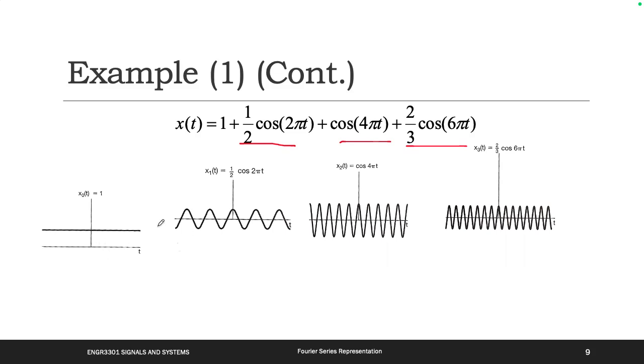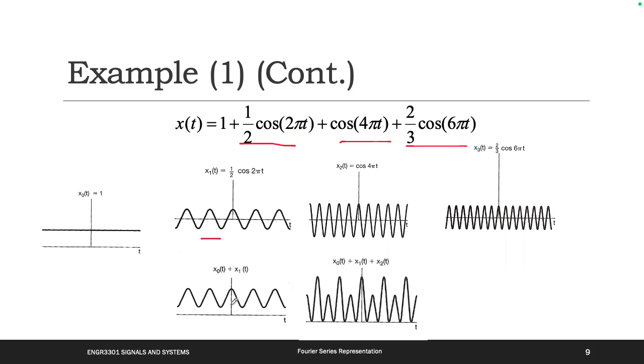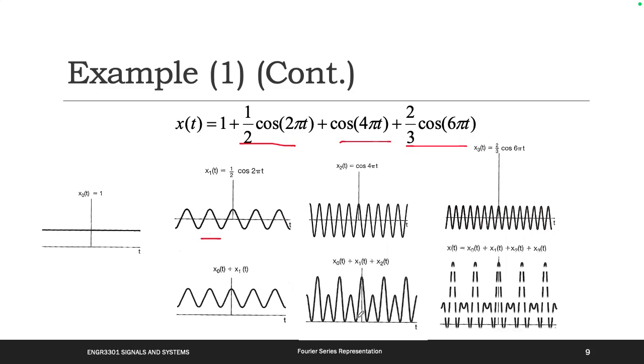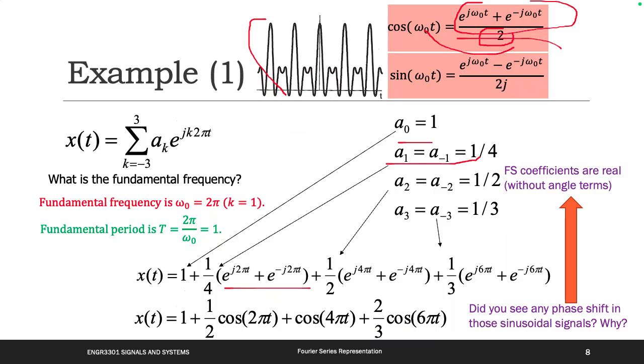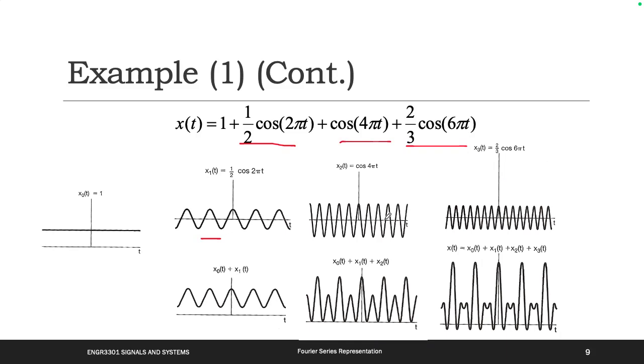If you add 1 to this signal, what does that mean? It shifts up, all the values will have 1 added. If you add this one and this one, you get this one, which is the same as this. This is how to get your signals. Does that make sense to you?